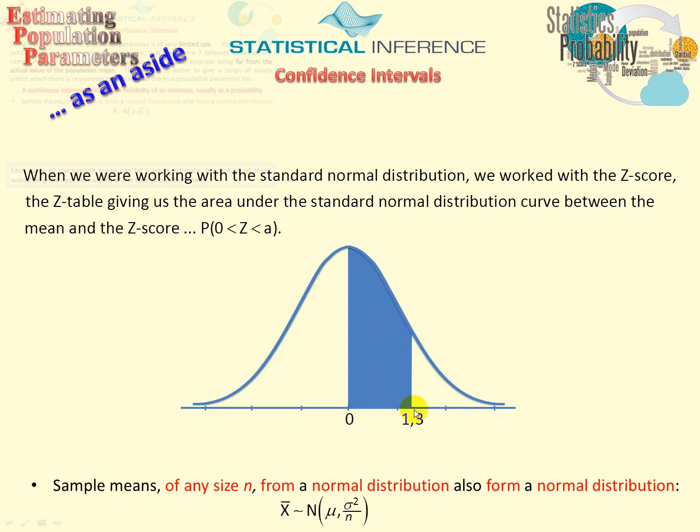So the probability of something falling between 0 and 1.3 is the area under this curve, and you look up 1.3 on the z table.